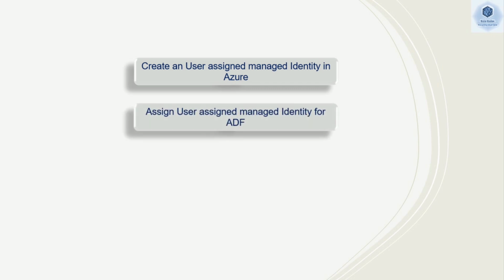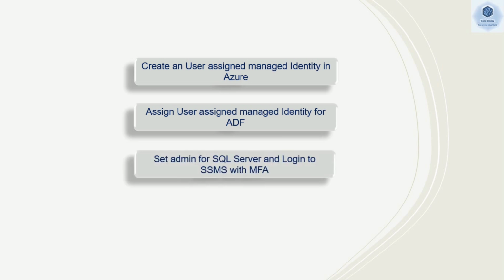Second, you are going to integrate this with your Azure Data Factory. You need to assign this to the Azure Data Factory that you are going to perform the migration with. And third step, you are going to connect to the Azure SQL server with admin control.